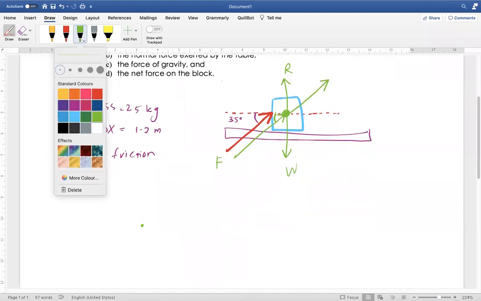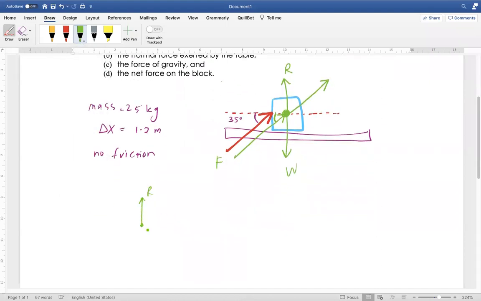R here. Weight here. F here. So the angle is 35 here. If I resolve my F, it will be Fx here and Fy upwards.